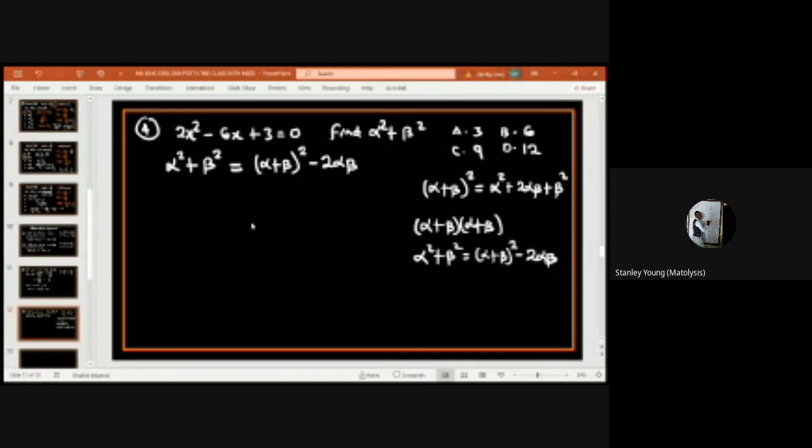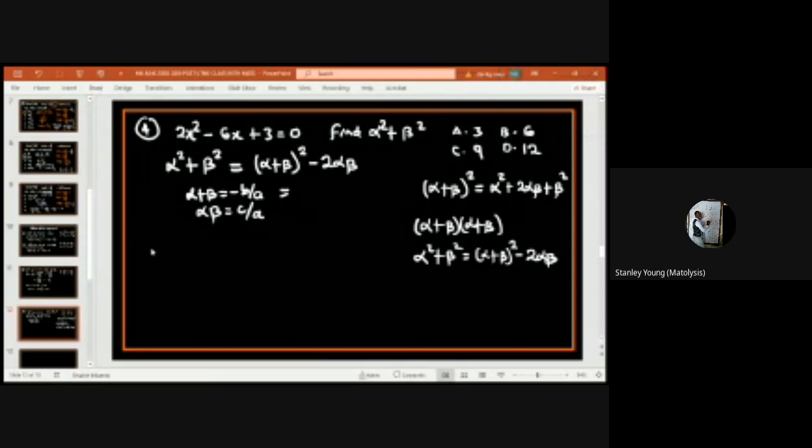So from there, what's your alpha plus beta? Negative b over a. Alpha beta is c over a. From this expression, your a is what? Your a is 2.